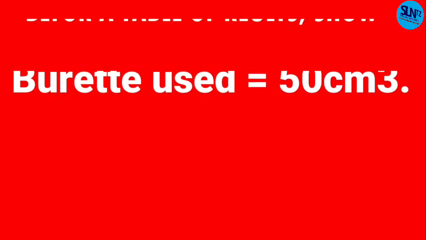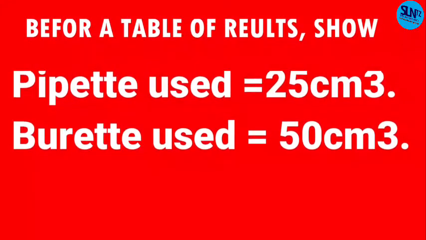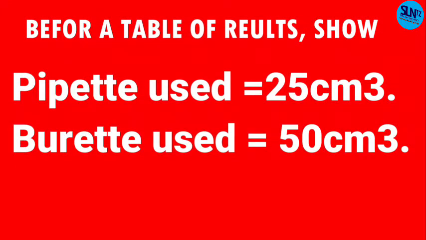Before the table of results, you are supposed to show the following. 1. Pipette used: according to our question, the pipette used is 25 mL, and this is noted from the apparatus you have. And then you are supposed to show the burette used. The burette used is 50 mL or centimeter cube.